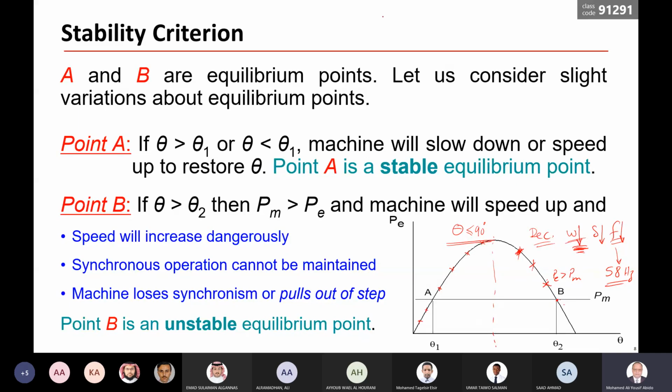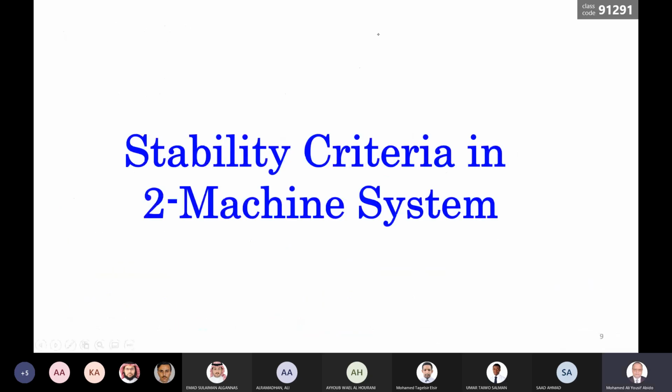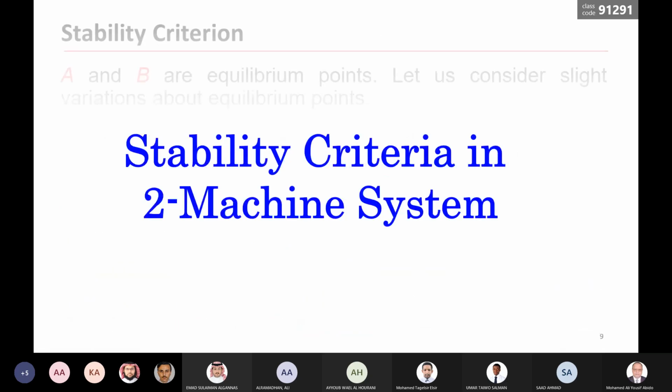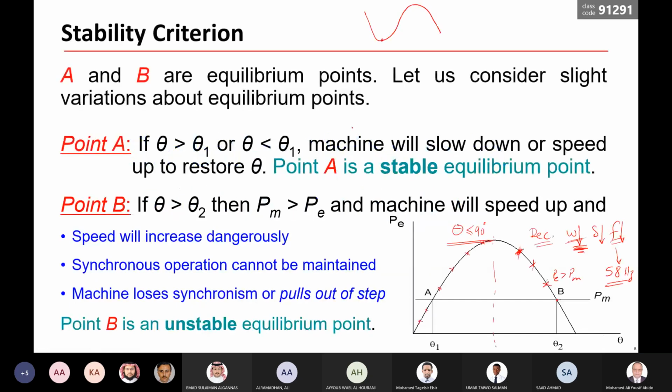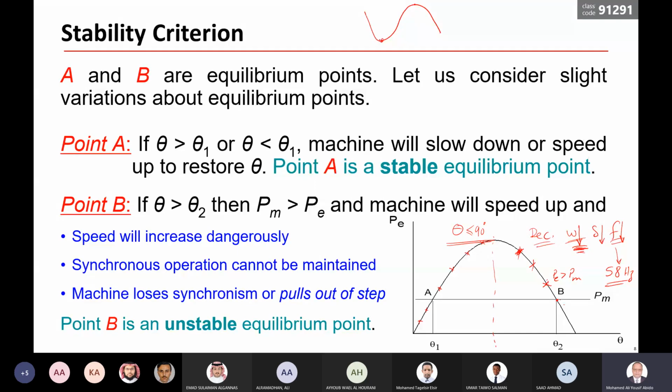This is like, for example, if you have a ball, this point is a stable equilibrium point.